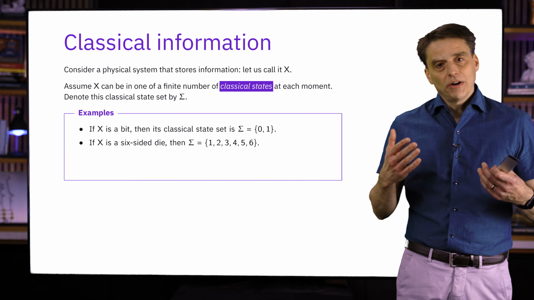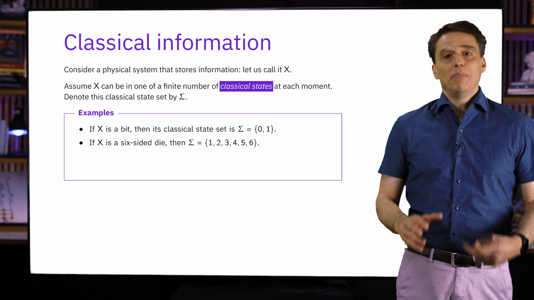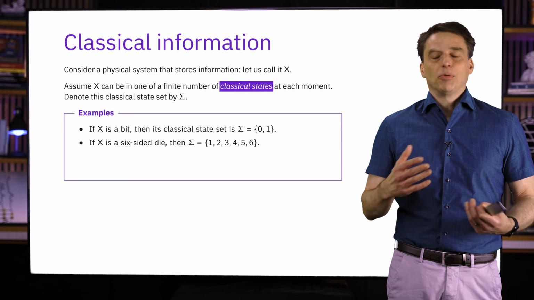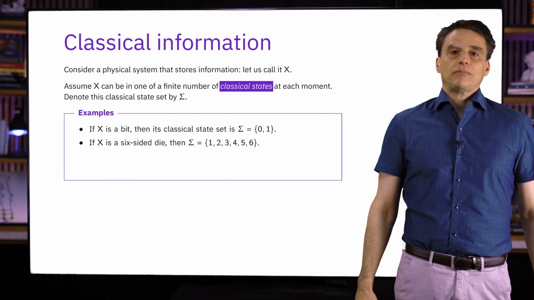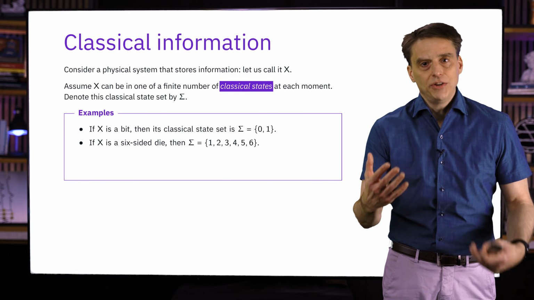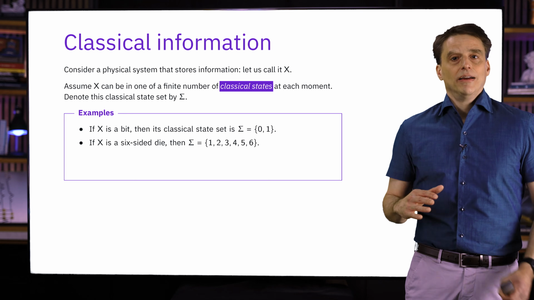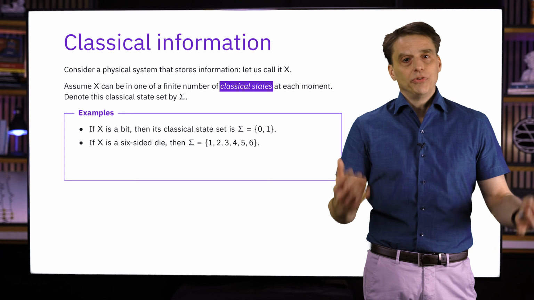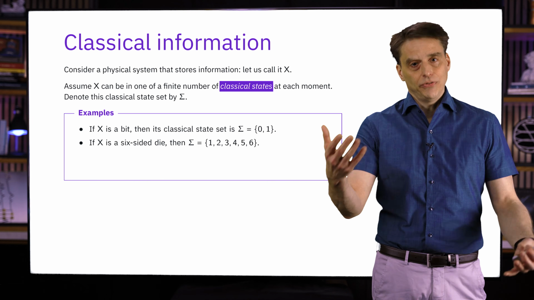Of course, we're talking about an abstraction here. An actual six-sided die may have many different attributes, such as its precise position, its orientation, its temperature, and so on. But with respect to the information that's most typically relevant when we're talking about a six-sided die, the classical states are the numbers 1 through 6, indicated by the number of dots on whichever side of the die is facing up.